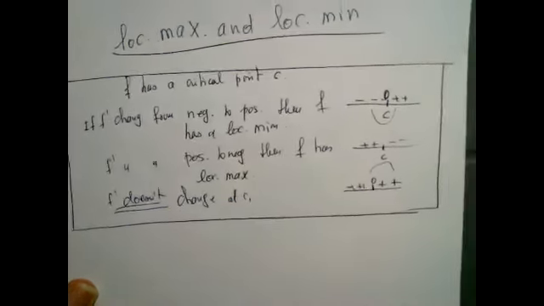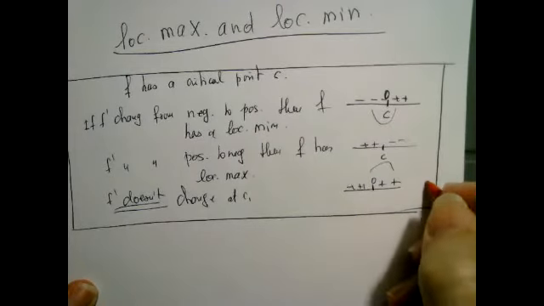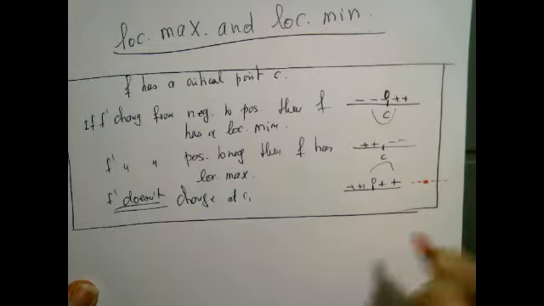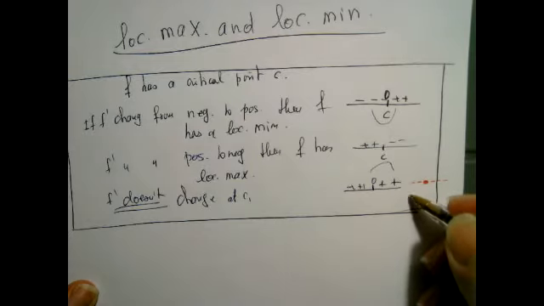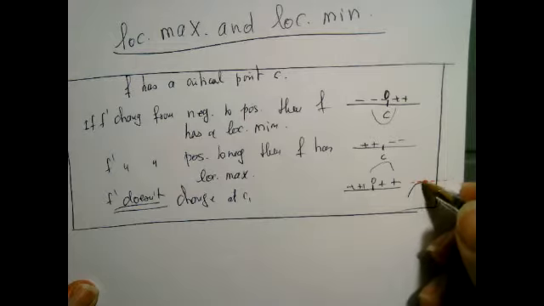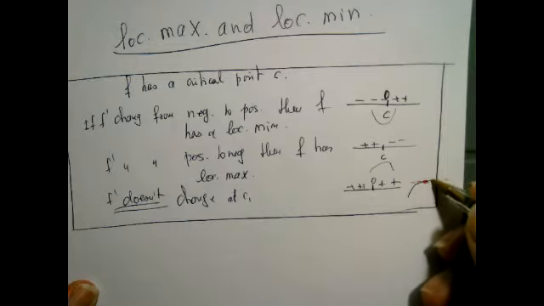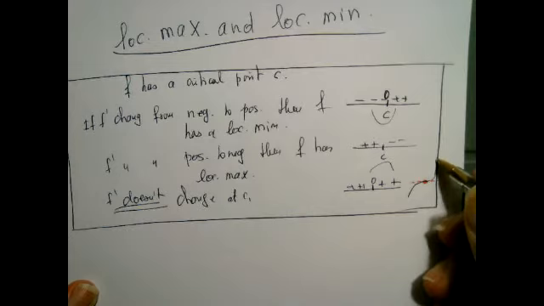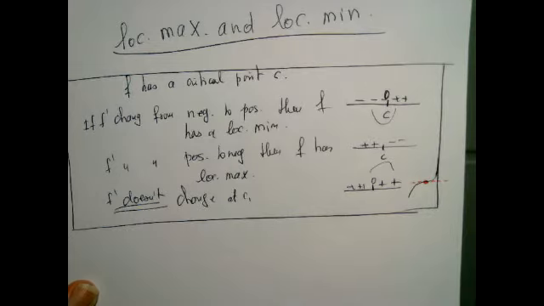So in this case, how is the picture? This is my point C. There is a horizontal tangent, but the derivative is positive both ways. It means it's increasing and it flattens at C, and then it keeps increasing and goes up like that. That's how it would look.